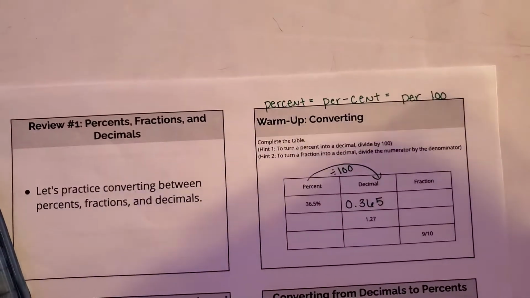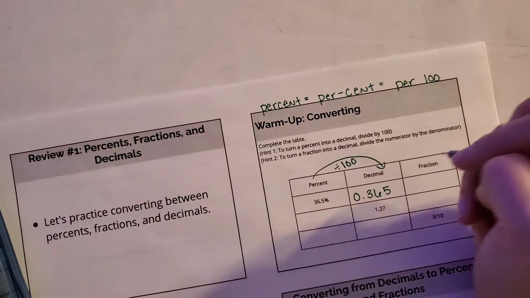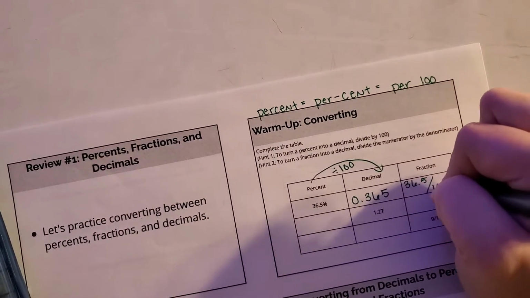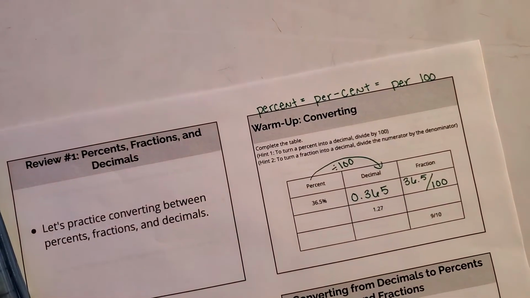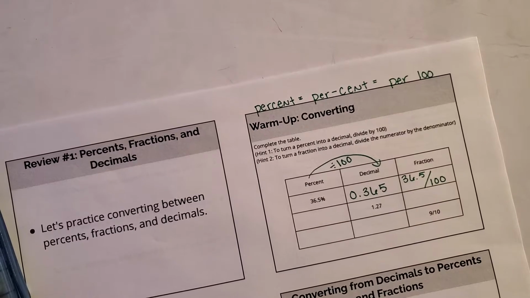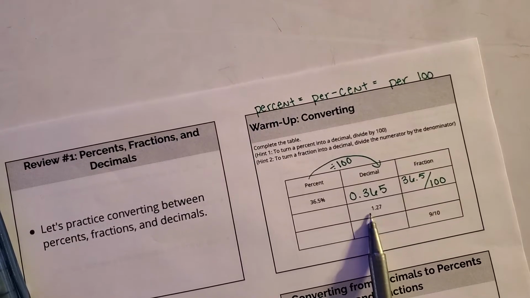So you take your percent and you put it out of 100. So our percent is 36.5. So I'm going to do 36.5 out of 100. Pretty simple. If you have your percent, it should be extremely easy in turning it into a fraction and even a decimal. So now let's go ahead and look at our decimal.